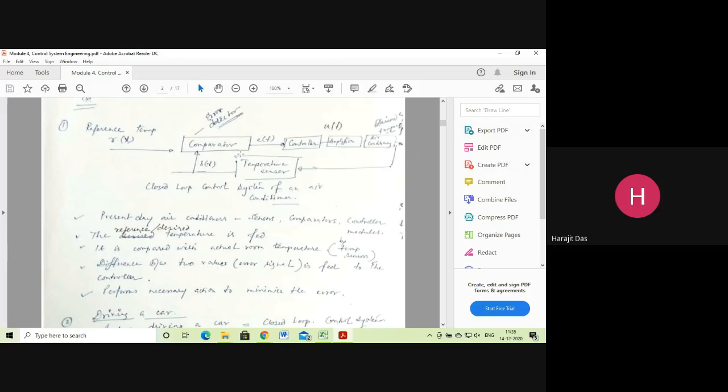The B(t) signal will be given to the comparator, so it will again sense and compare the output temperature to the input temperature, and if there is some error, it will again be sent back to the controller. Finally you will get the desired temperature after some time. All these things are written here.